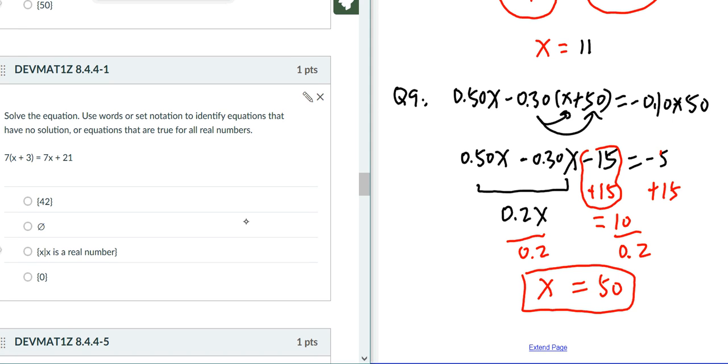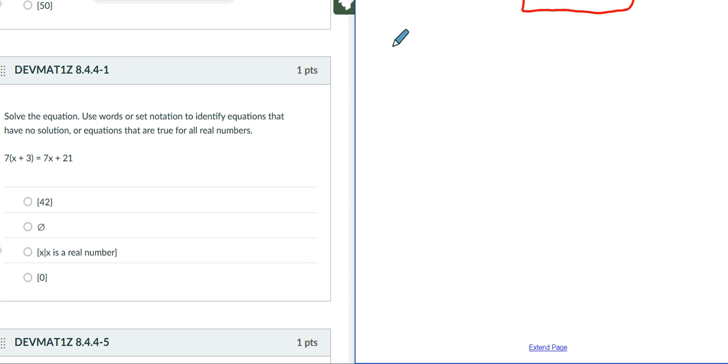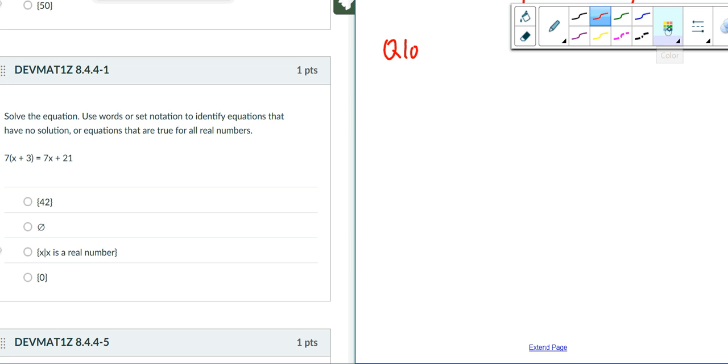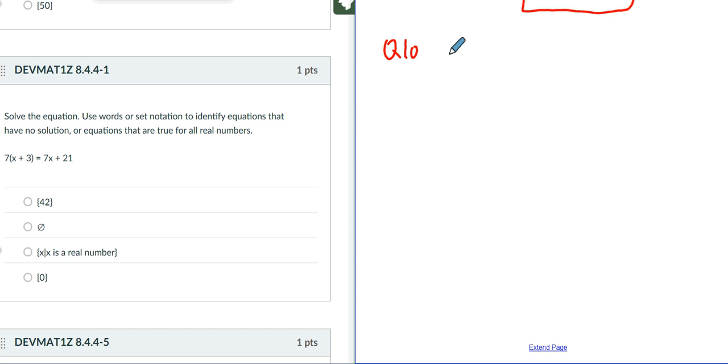Now we got to do question 10 here. Question 10. We have a 7 times x plus 3, this quantity.